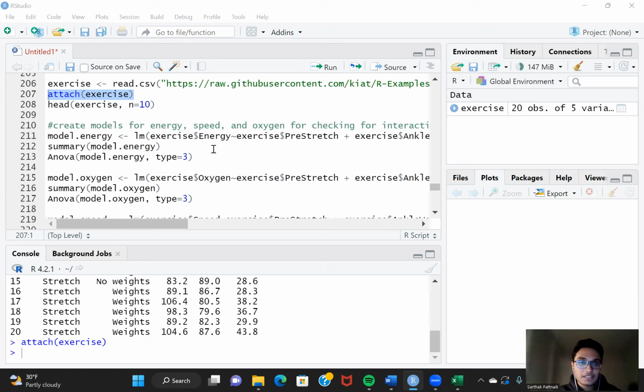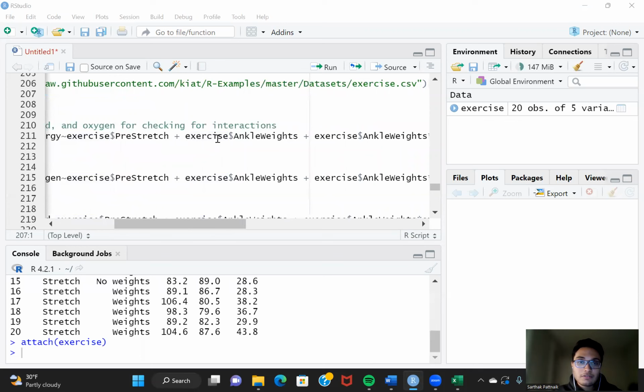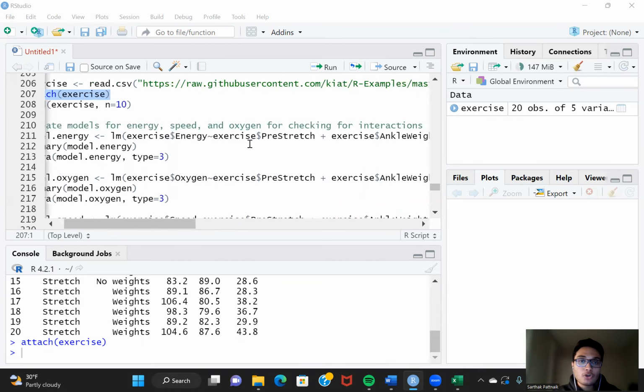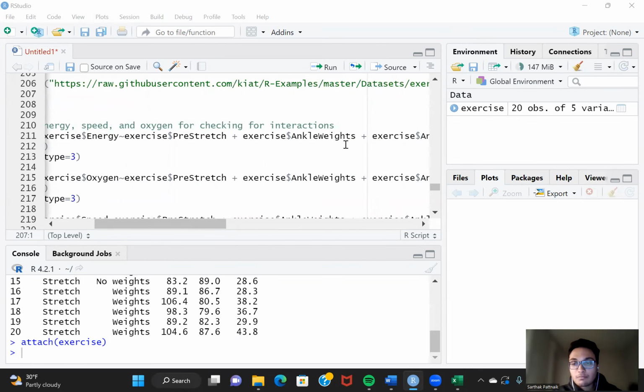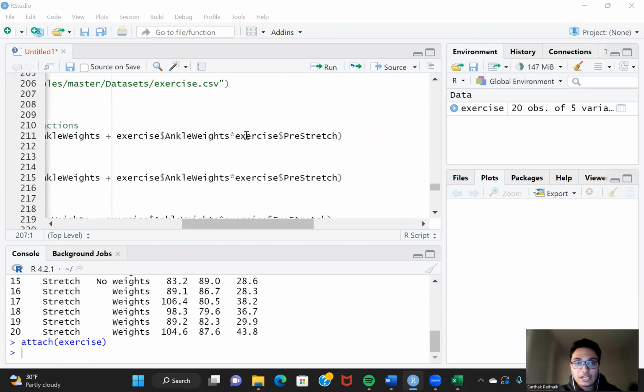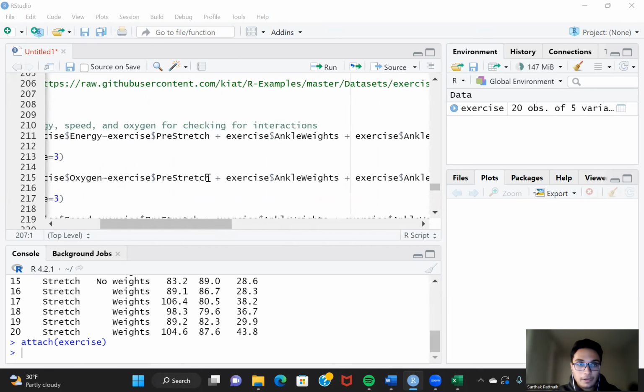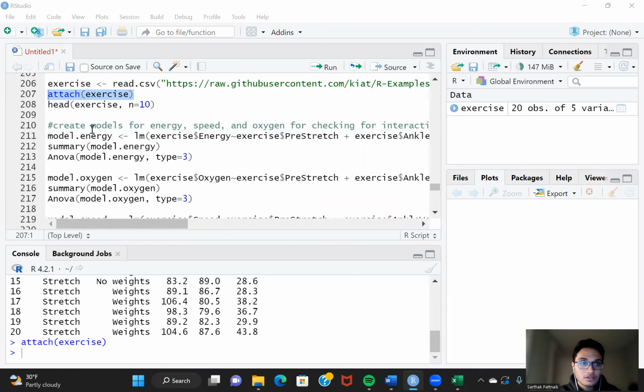We will first create the model based on the energy parameter. So based on energy, we are trying to see whether there are differences between stretch and no stretch, or no weights and weights. So we'll keep both pre-stretch and ankle weight as my groups, but we'll also check for interaction. And when we check for interaction, we basically also multiply the two, and then we create the model.